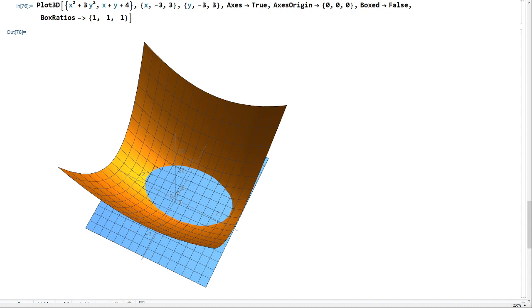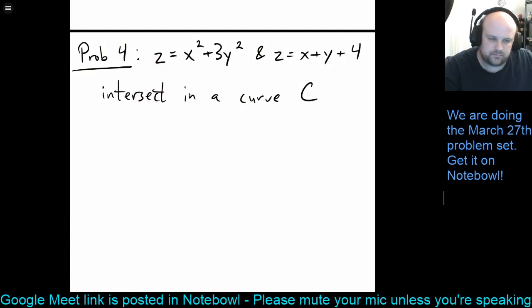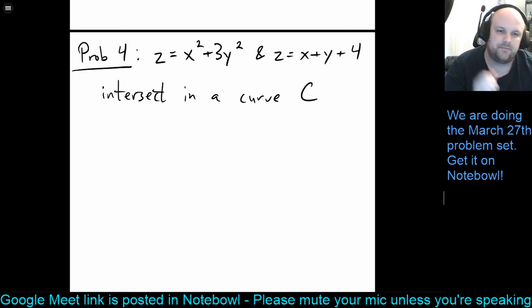So how does that work? Well, the important thing to remember is that the curve lies in both of those surfaces at the same time, right? So remember how the gradient is perpendicular to the surface. Since the curve lies in both of those surfaces, the curve C is going to be perpendicular to both gradients, right?